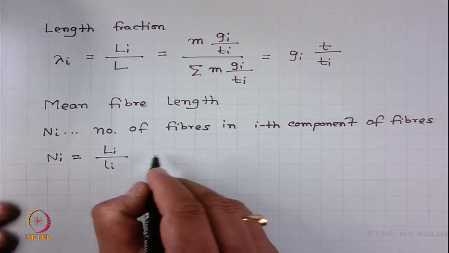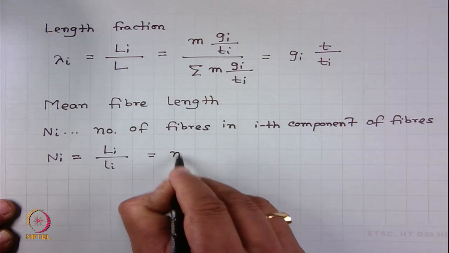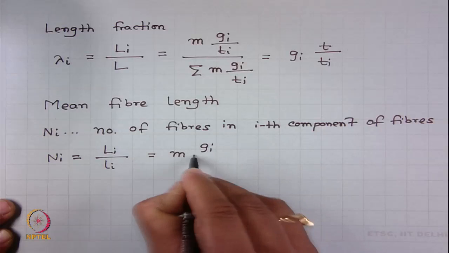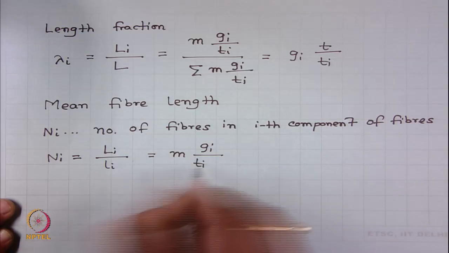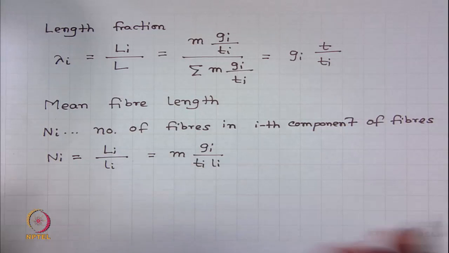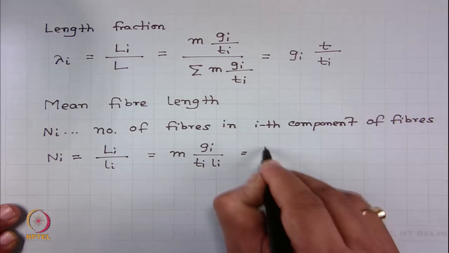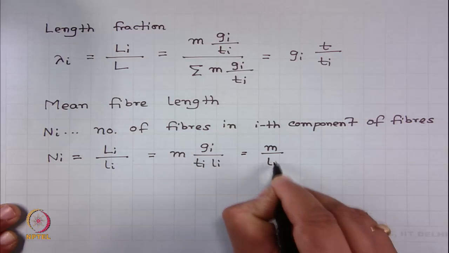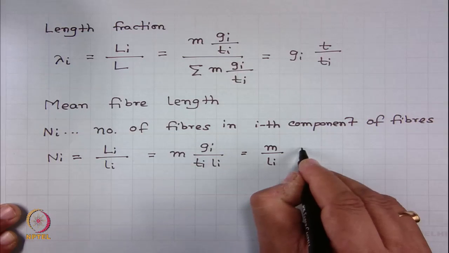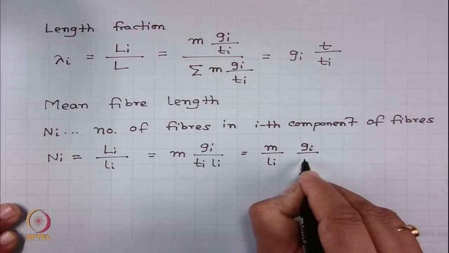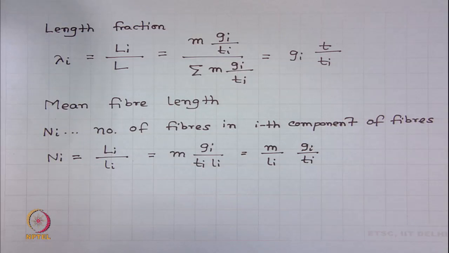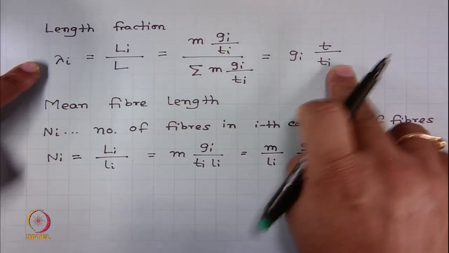What is capital Li? We have derived m into Gi by Ti, and this Li will be there. So, we can further write m by Li into Gi by Ti. What is Gi by Ti? Look at this expression.